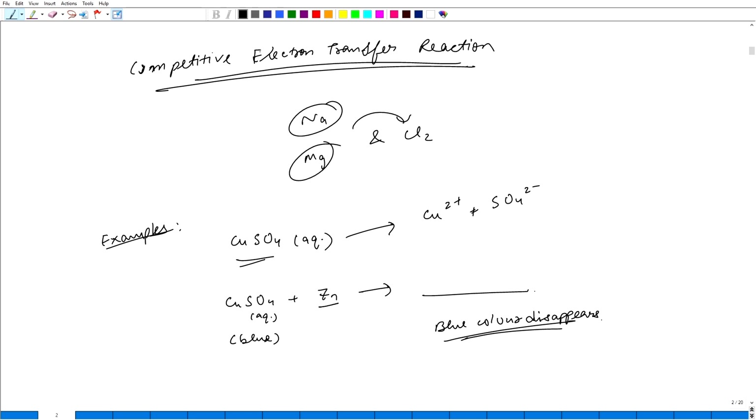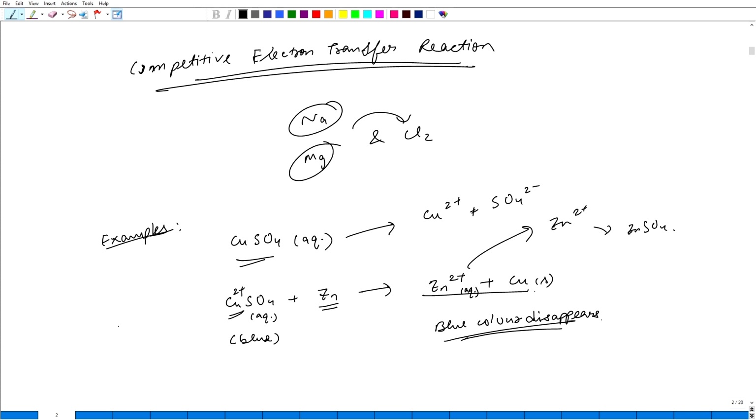What happens is, in presence of copper sulphate, there is an oxidation of zinc to zinc 2 plus in presence of copper 2 plus ions, and these copper 2 plus ions get reduced to form copper. The zinc 2 plus goes into aqueous solution and can be present in the form of zinc sulphate.